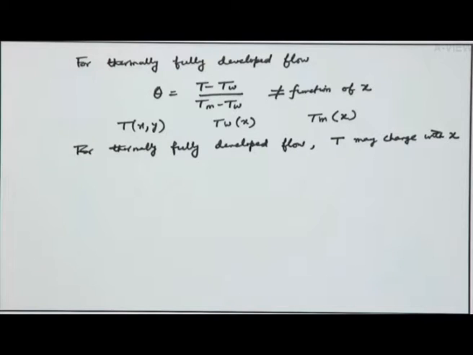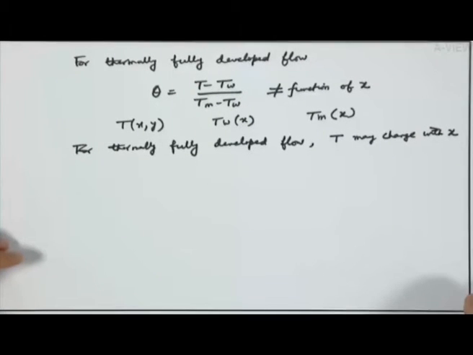Now, to understand these types of flows, internal flows using bulk mean temperature, let us consider something which is very elementary to do, but it gives a lot of insight.